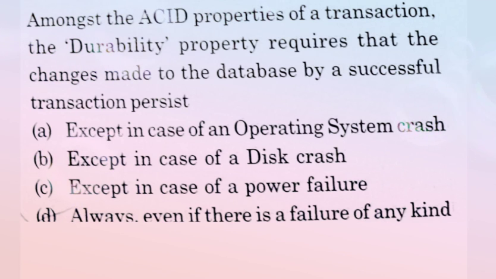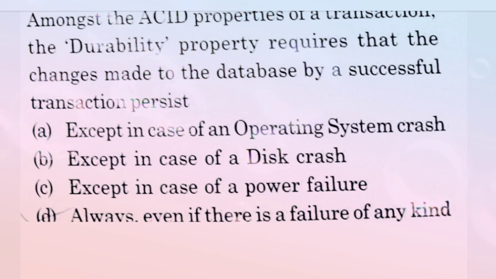Now come to the next question. Amongst the ACID properties of a transaction, the durability property requires that the changes made to the database by a successful transaction persist. There are four options: A, B, C and D, and the correct answer is option D. Why?